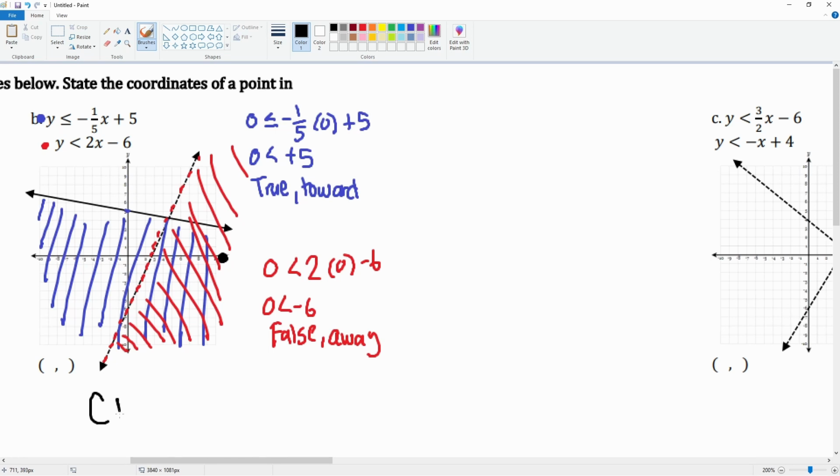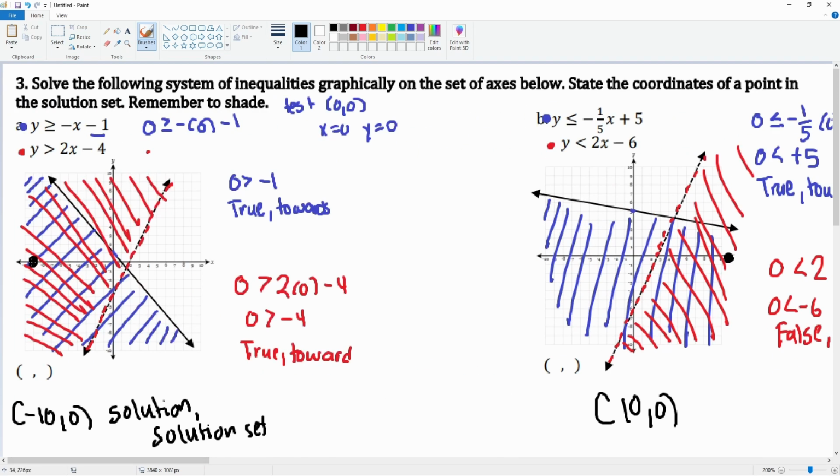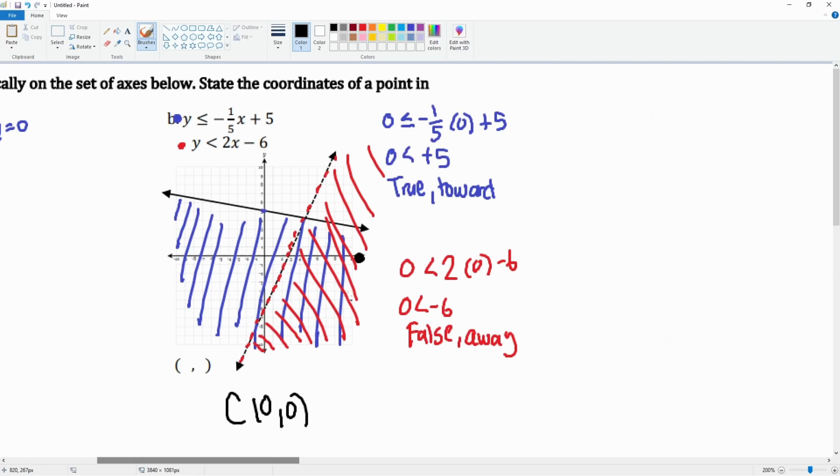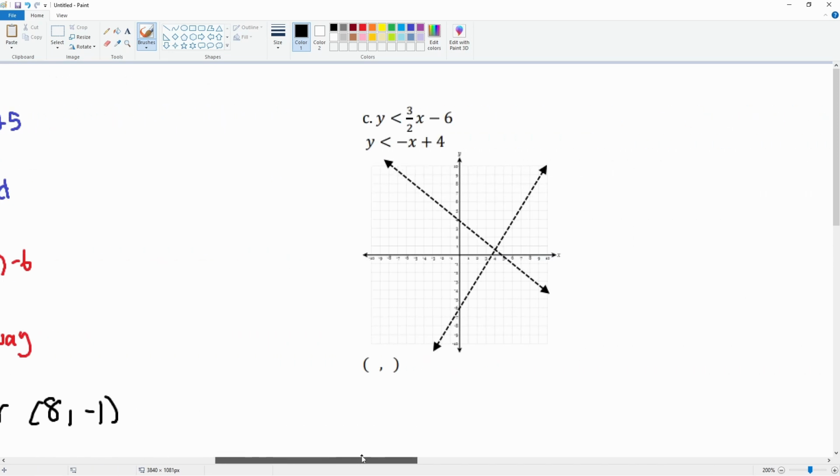That point is probably like (10, 0), right? You see how the (-10, 0) was in the solution set before? Here, it's this one that was in the intersection area, (10, 0). Or you can say like (9, 0), or (8, -1). Anything in that intersection area would be a valid solution in that solution set.